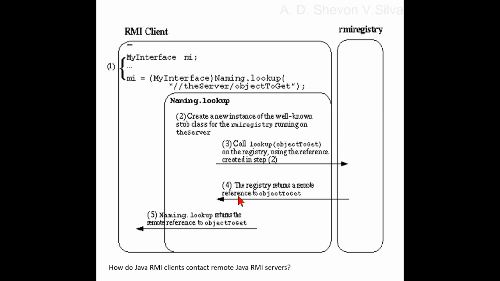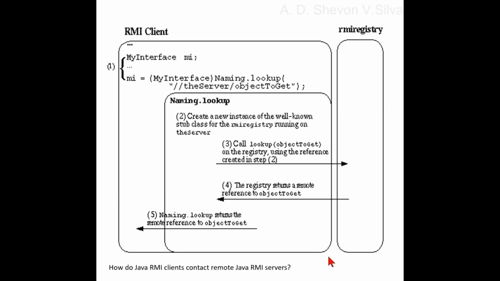Once a Java RMI client has a remote reference, the client will use the hostname and port provided in the reference to open a socket connection to the remote server. Please note that with Java RMI, the terms client and server can refer to the same program.